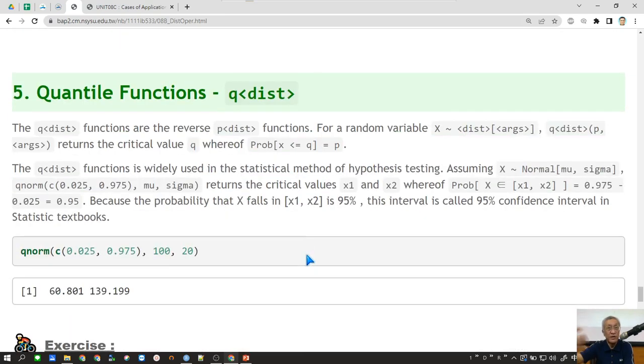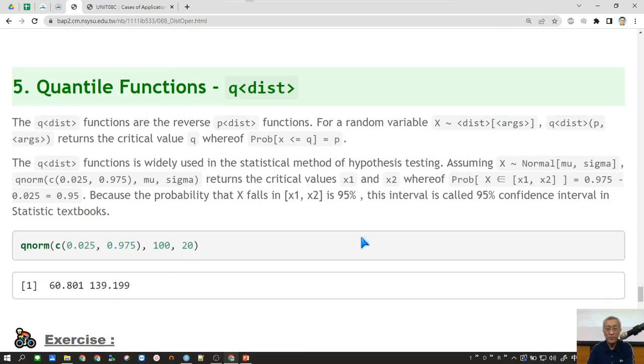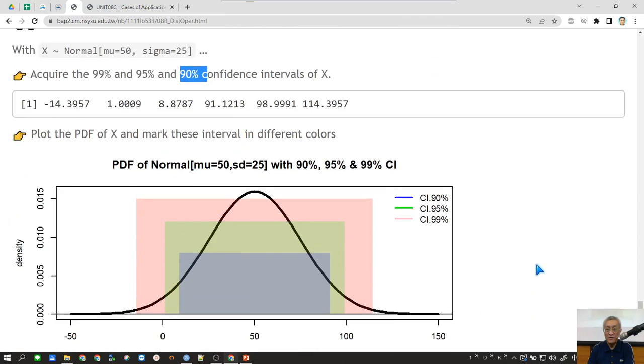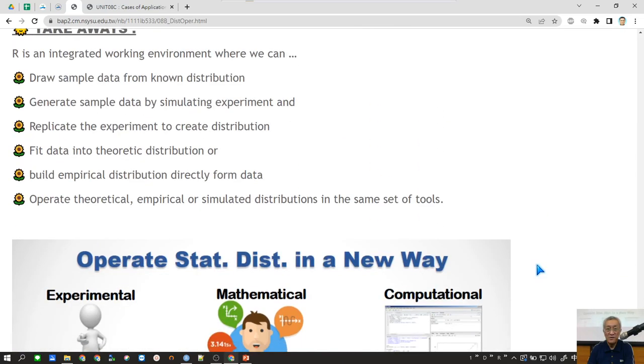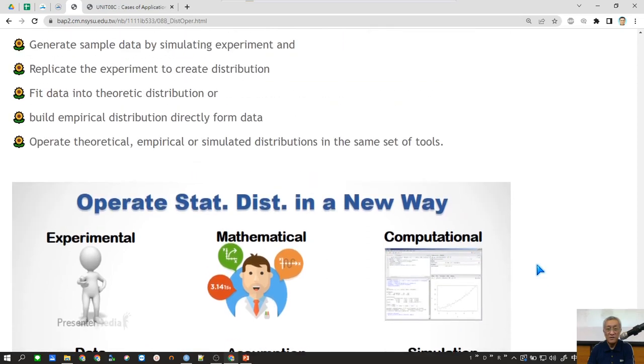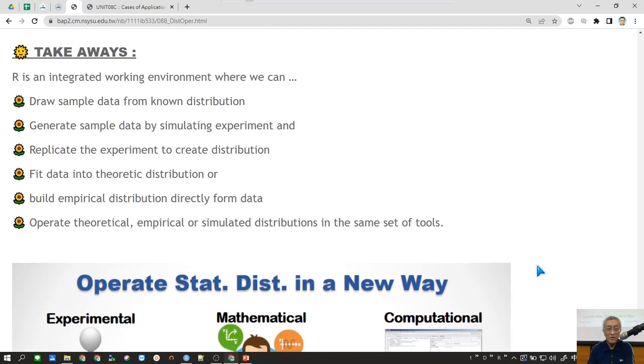We will do more simulation after we cover regression and logistic regression. Okay? Okay, does that answer your question about the situation that we want to use the R function? The R function is usually used for simulation. Okay.